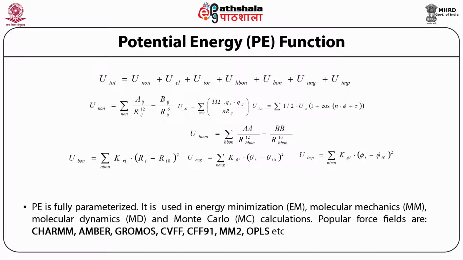The parametric form and the values are called the force field, and they have been named after the discoverer or some other thing. Popular force fields are CHARMM, AMBER, GROMOS, CVFF, CFF91, MM2, OPLS, etc.